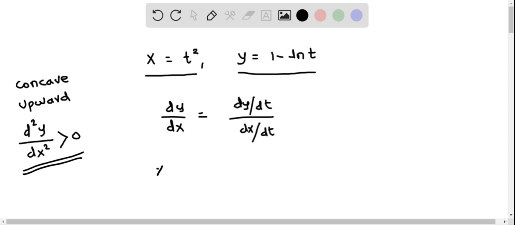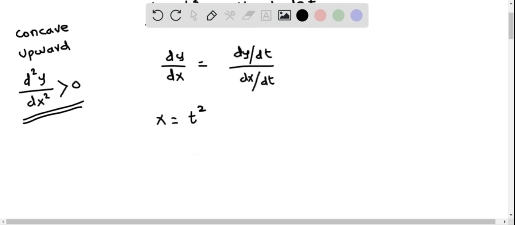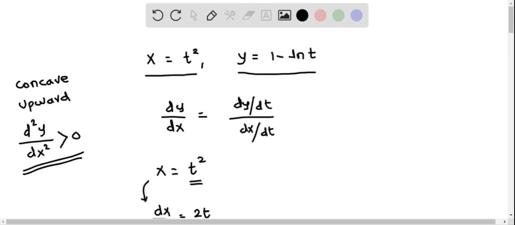So let's find dx by dt using this parametric equation, x equals t squared. Differentiate both sides with respect to t. So we get dx by dt, and this equals the derivative of t squared with respect to t, which is 2t. This is using the power rule. Now let's find the derivative of y with respect to t.